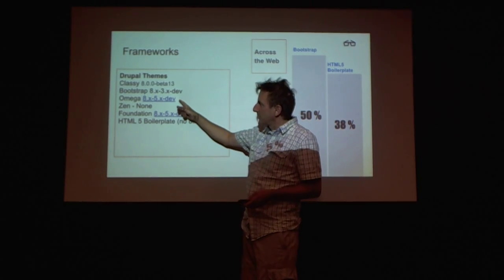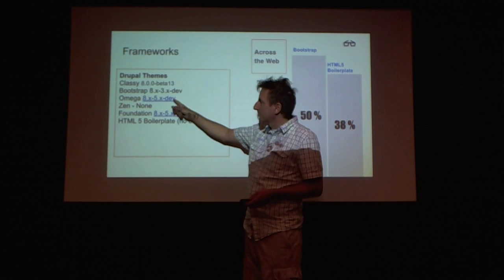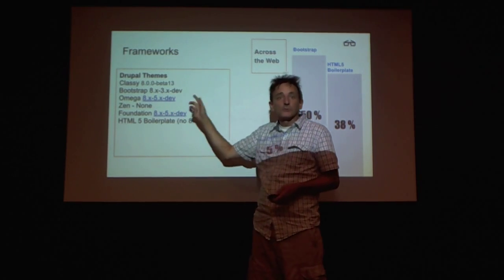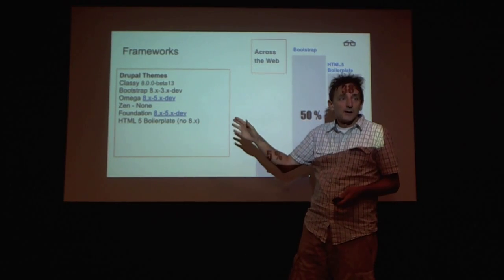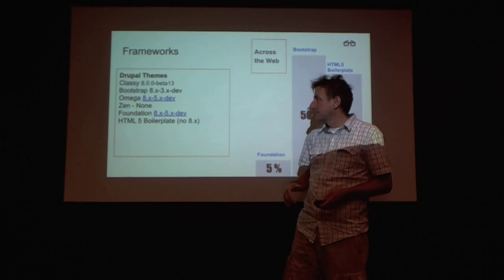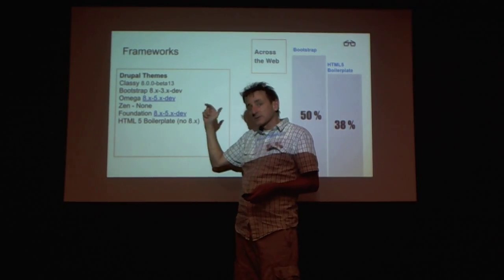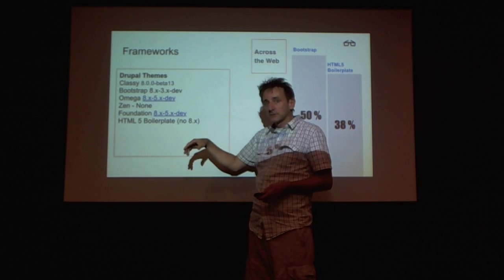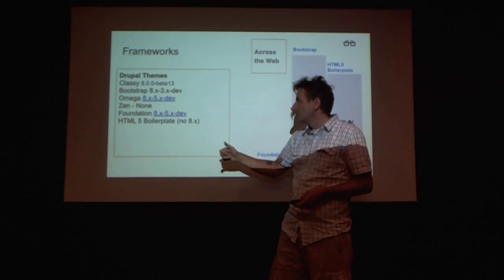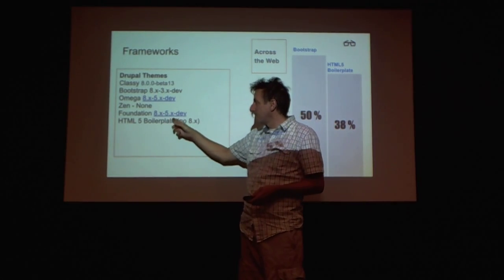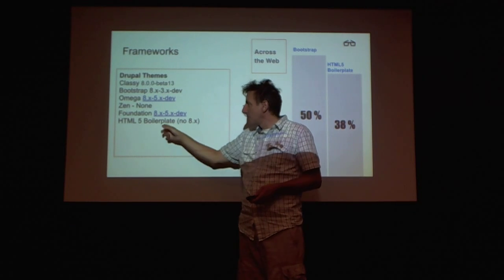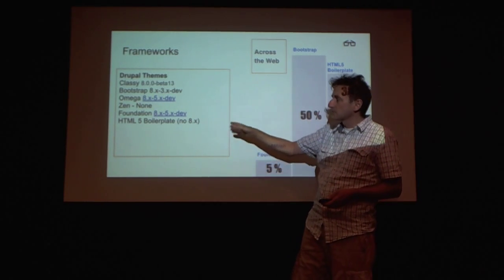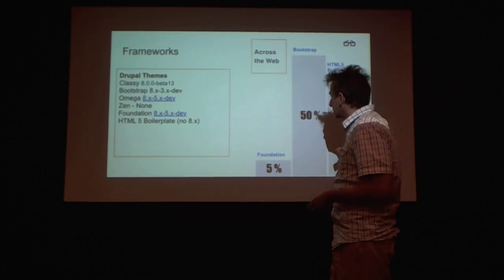Omega has a development release 5 for 8. Zen, there's nothing; I don't know that there's any plan for Zen for Drupal 8, or I haven't heard anything. Foundation actually works. You can download it and turn it on, and it actually works. That's version 5 of Foundation. And HTML5 Boilerplate is also an active one, though there's no active Drupal 8 module.